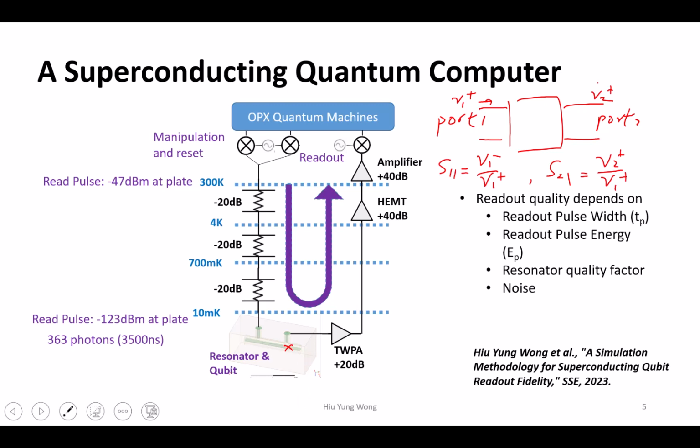So the whole readout scheme is that because your qubit has a different state, your resonator has a different resonance frequency. By doing this, I measure what is transmitted through this quantum amplifier. This one will add minimal noise to your signal. For those who studied 226 before, we talked about the noise figure, right?